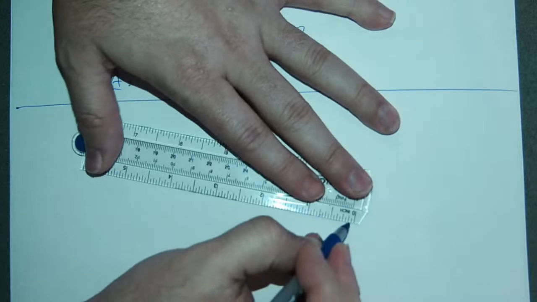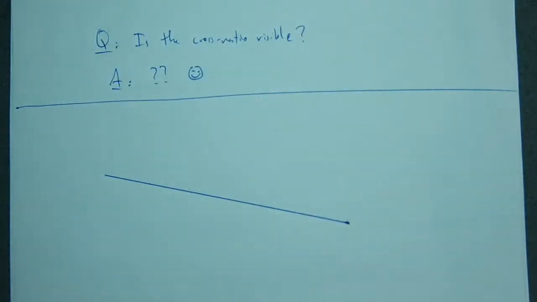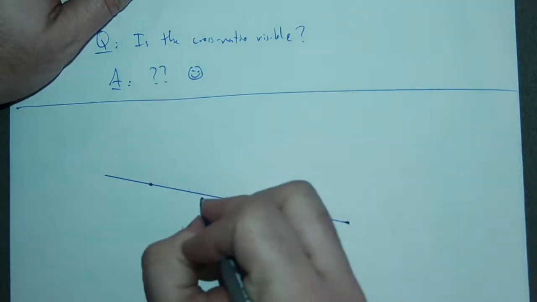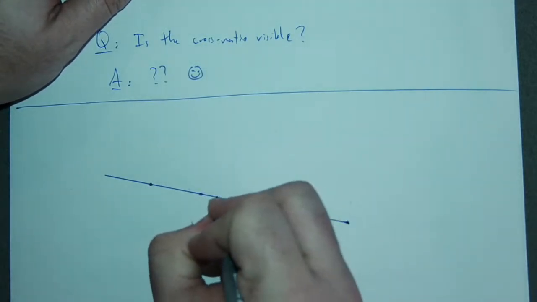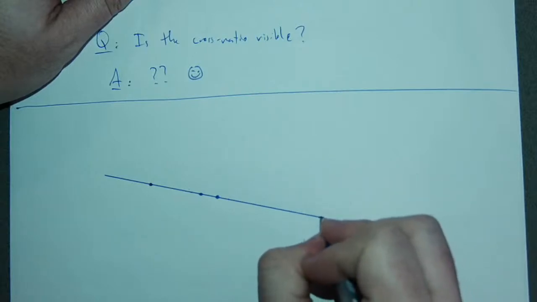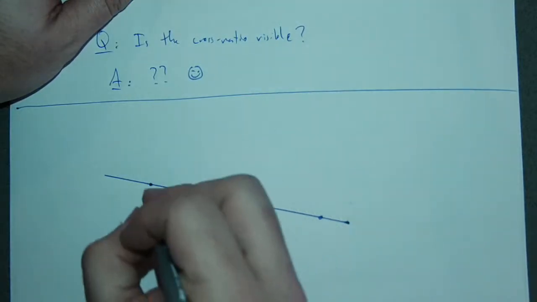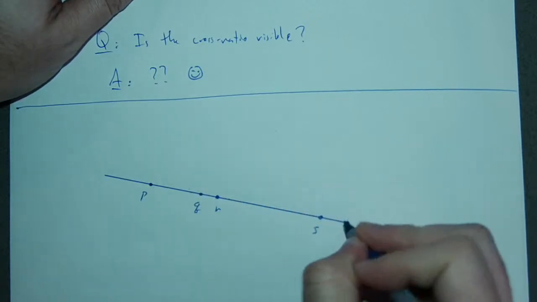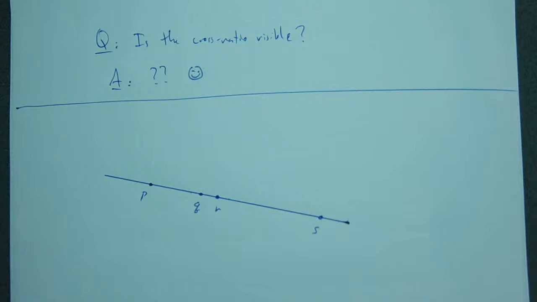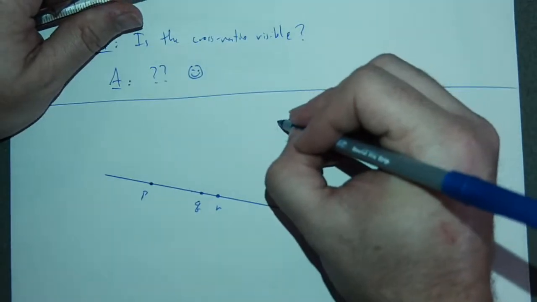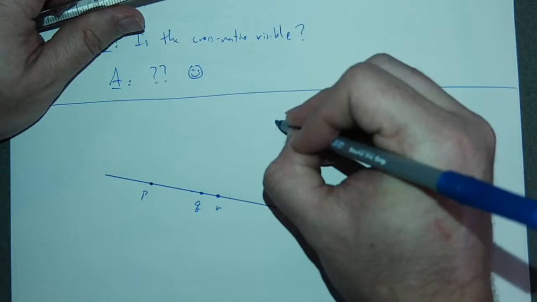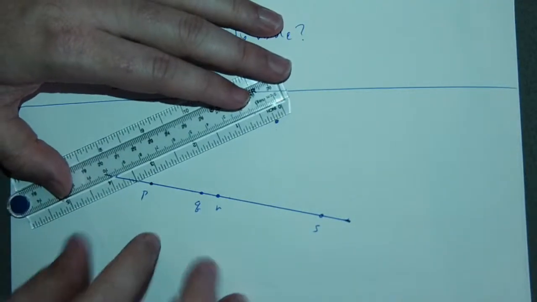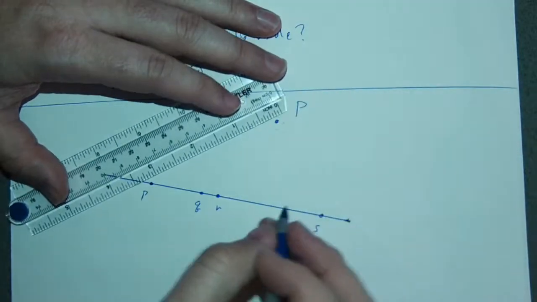I don't care about what this line is, and here are just points. So here's my P, Q, R, S. Here is a point, and here's my point we'll call big P.